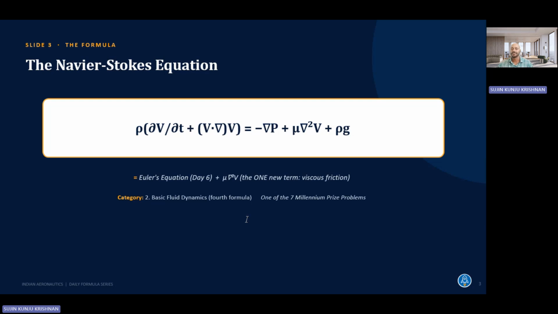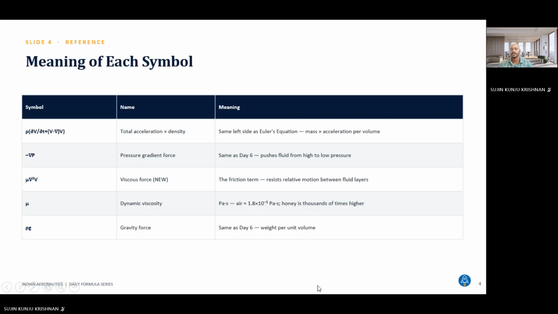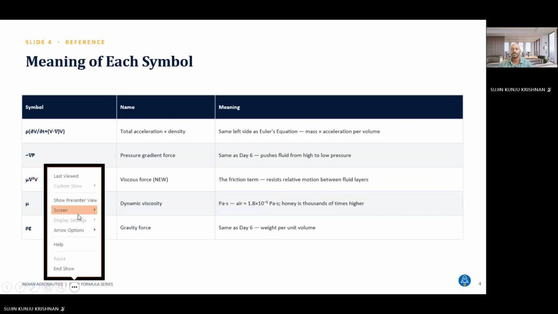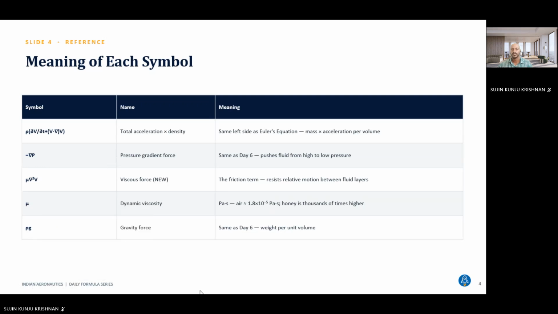Mu is dynamic viscosity, measured in Pascal seconds.